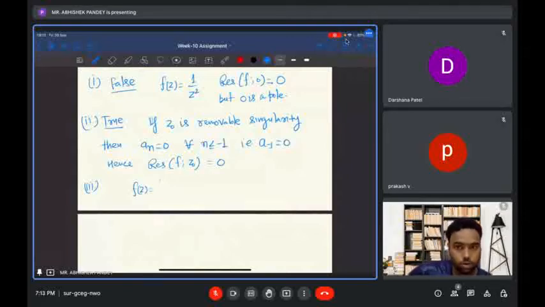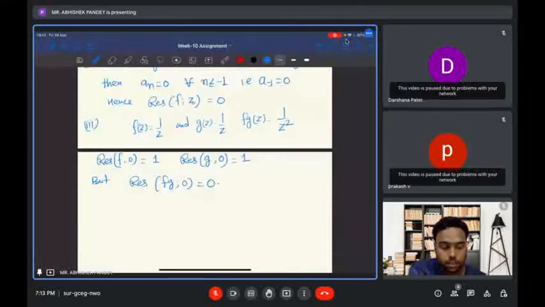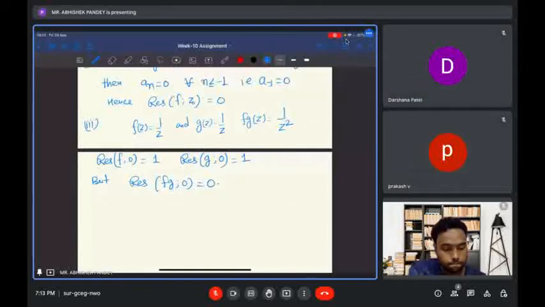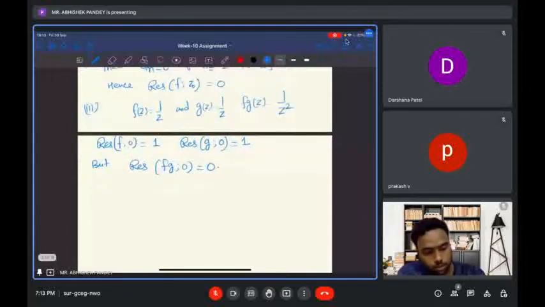But the residue of f into g at 0 is equal to 0. Is it clear to you? Yes, sir. So this option is also false.